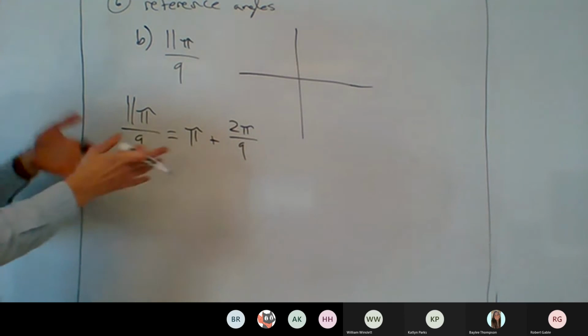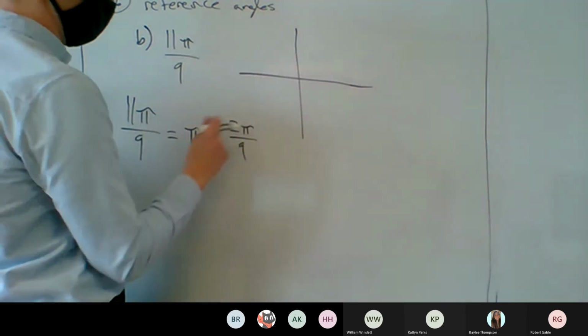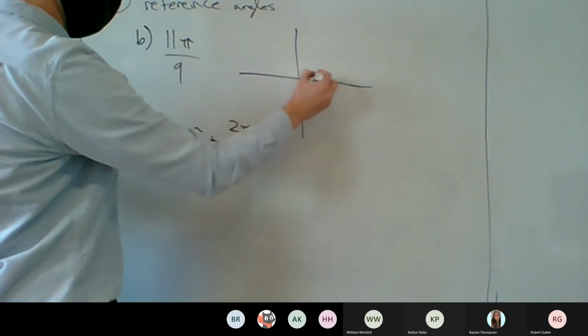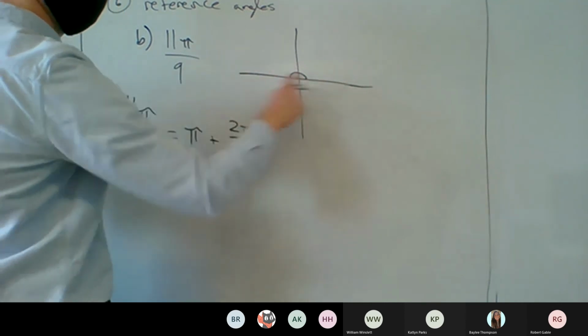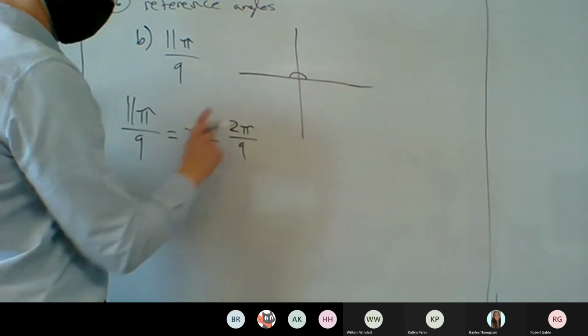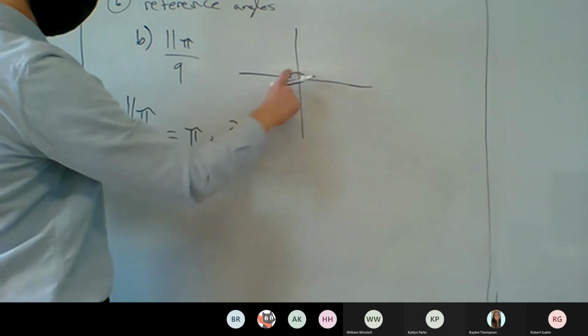Okay. Why is this helpful? Well, this tells me that my angle is at least past this straight line, because I know a straight angle in terms of radians is just pi. So there's pi, that's that part.